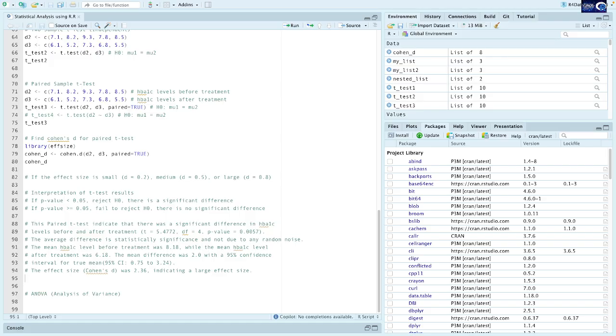Okay, so the Tukey's HSD test indicates which specific groups were different. So here if you see B and A, the difference is 2, and C to B the difference is -2, and C to A the difference is 0.